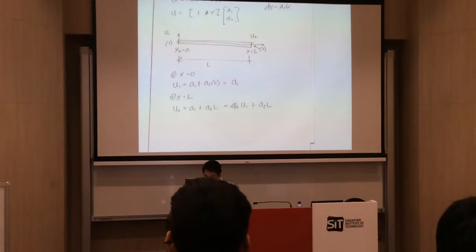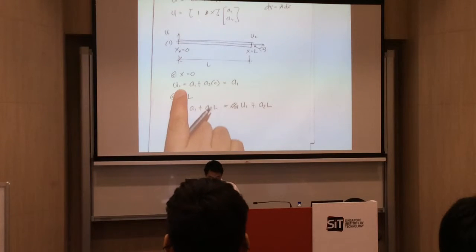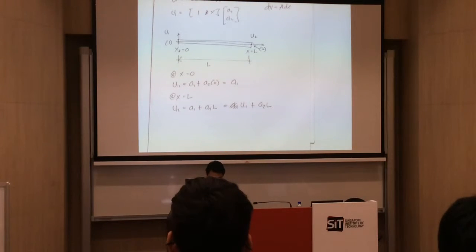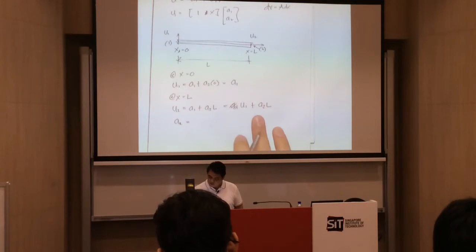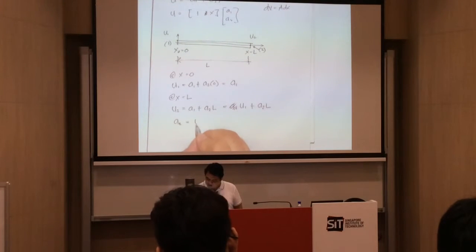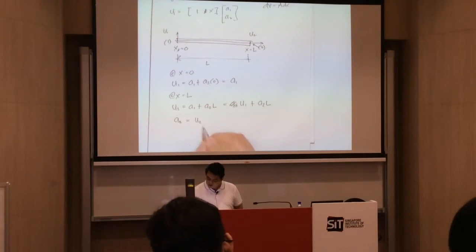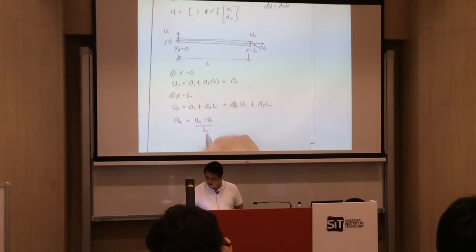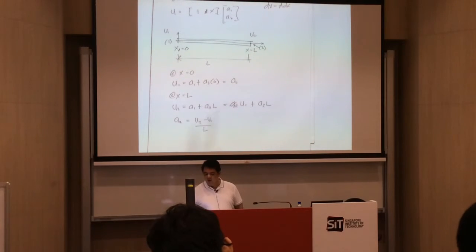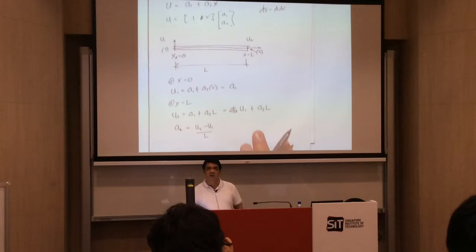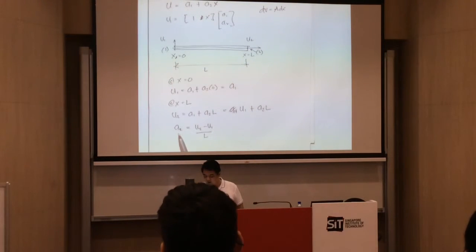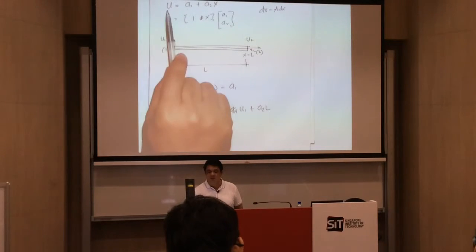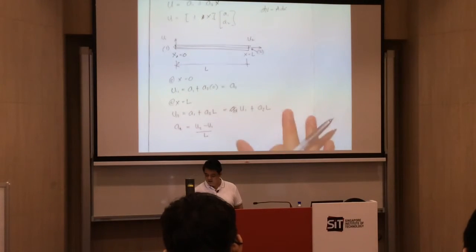So you will have now a value for u1 and u2. So we can solve for a2, that is now u2 minus u1 all over L. So we have now values for a1 and a2. What we can do now is substitute to our displacement function.